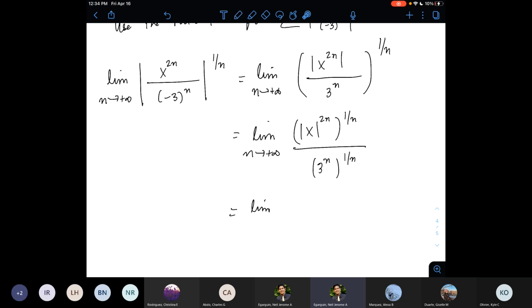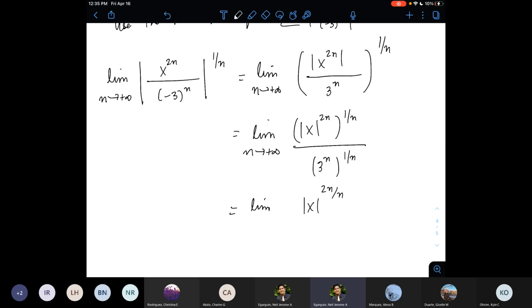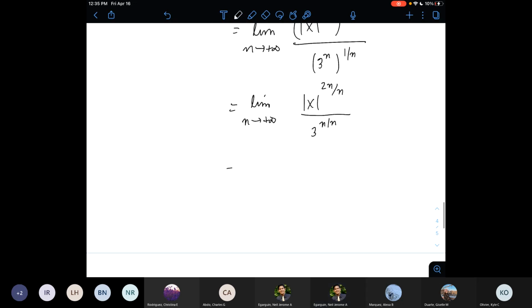Now remember the laws of exponents: if you have a power raised to another power, then you can simply multiply the exponents. And that's why the root test is nice to use whenever there are n's in the exponents. Because in the numerator, we'll have the absolute value of x to the 2n over n, all over 3 to the n over n, as n approaches infinity.